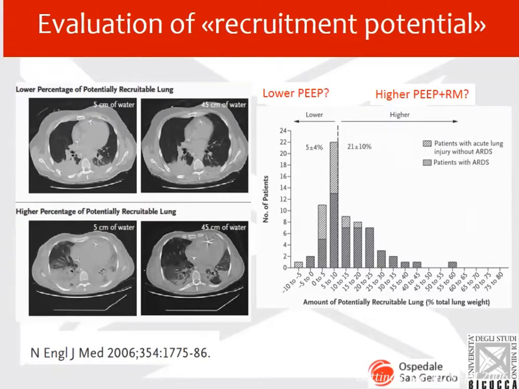So this is one of the studies that was published by the group of Gattinoni, where they basically performed CT scan at different levels of airway pressure, 5 and 45 centimeters of water, and in each patient they assessed the so-called potential for lung recruitment, so the amount of lung which can be reopened by applying a high pressure in the airways.